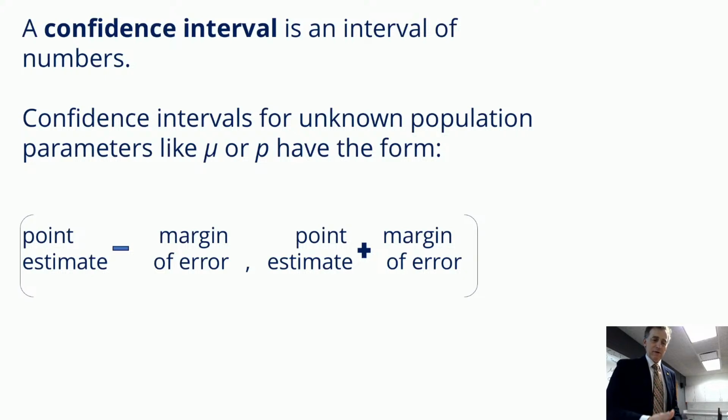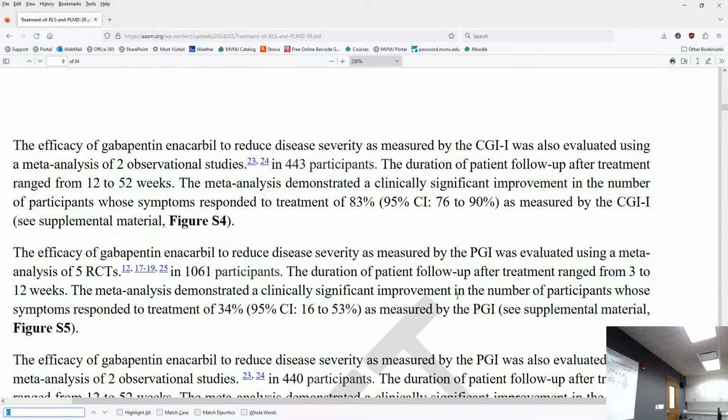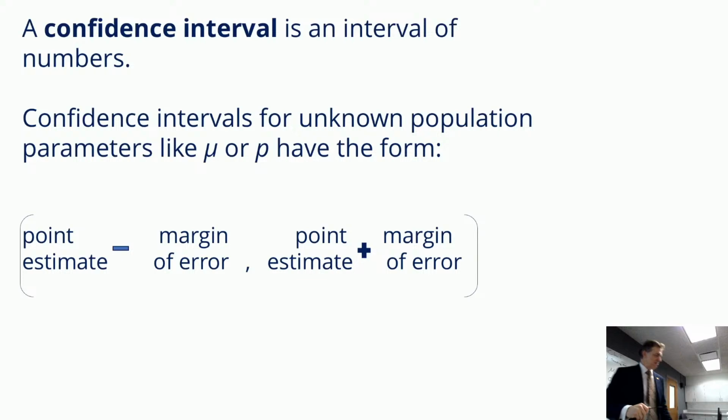So I'm just showing you the pictures here. Point estimate minus the margin of error up to the point estimate plus the margin of error. On the homework, you will see things almost exactly like this, except they'll leave out this. It'll just be 76, 90. And they'll say that's your confidence interval. We'll show you some examples here in a minute.